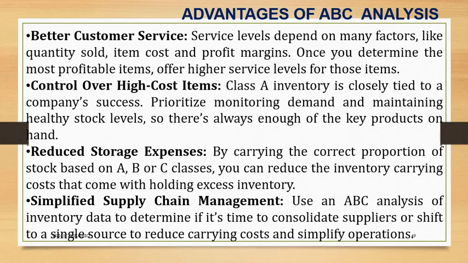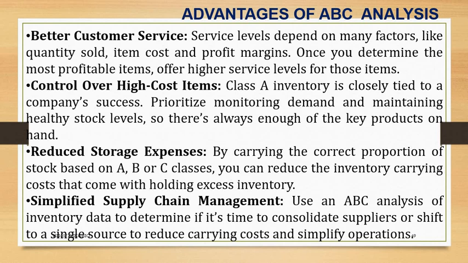You get it? Because in any slight mistake, if you have not sold that good, you have incurred a big loss, because of the value it carries. Are we good? Great. So we have reduced storage expenses and simplified supply chain management.